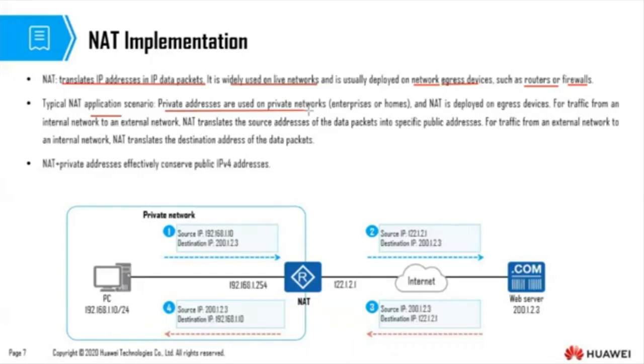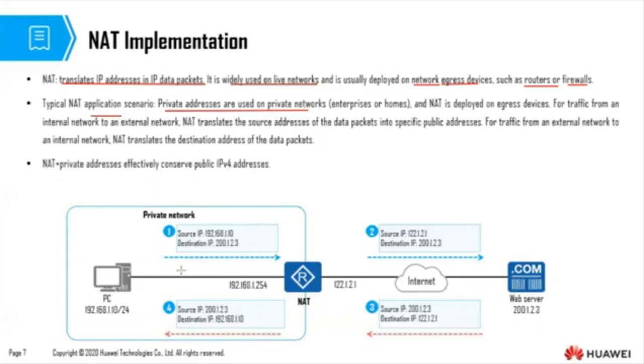Are you getting the point? It will be among the private range. But again, Safaricom has also assigned that device a public IP address. So when you're going out to the internet, we change your source IP address from a private IP address to a public IP address.